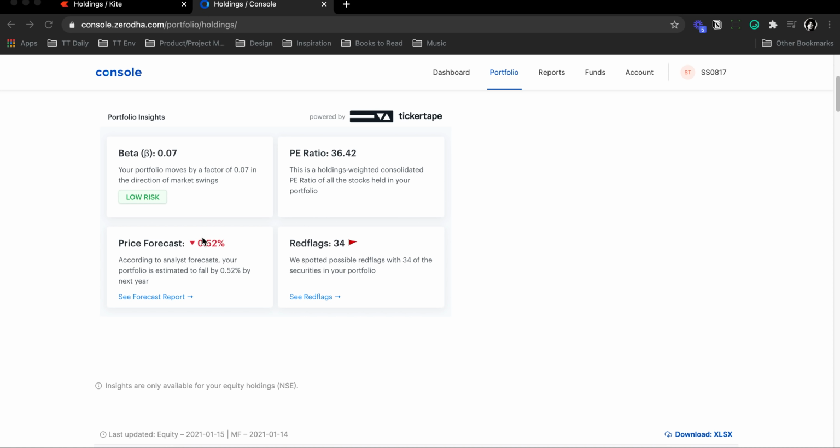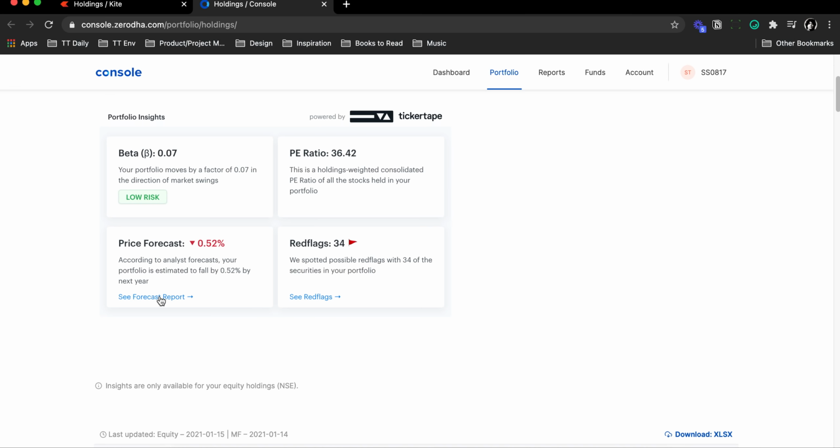So currently, as you can see, it gives us an indication that our portfolio is estimated to fall by 0.52% in the next year, right? And how do we arrive at this information?